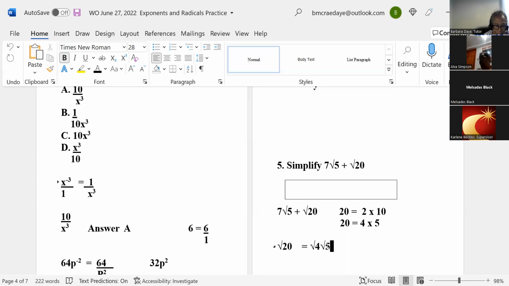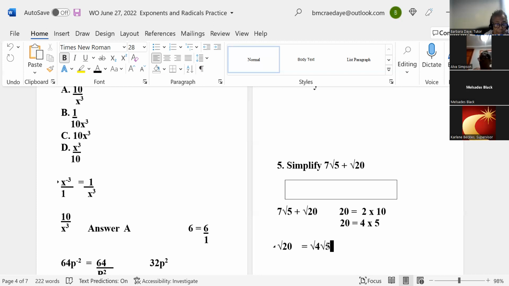Miss, in this simplifying case, you have to focus on the bigger number? Not always. You have to focus on a number that has factors where one is a perfect square root. You said 2 and 10, those are factors, but neither one of them has a perfect square root.